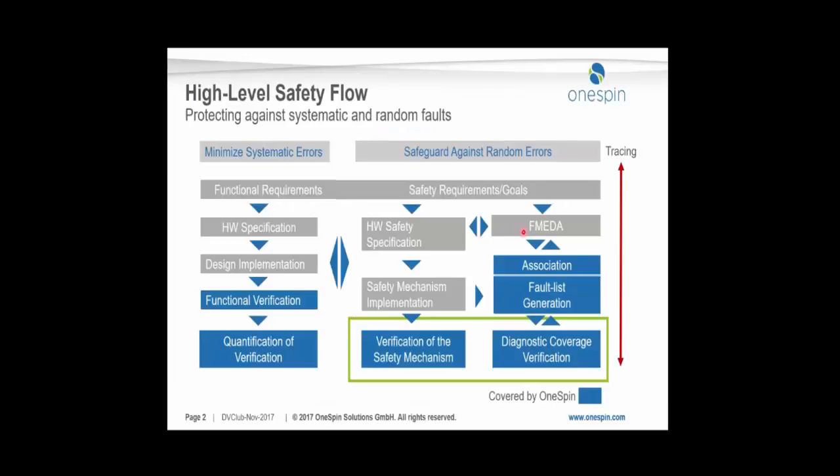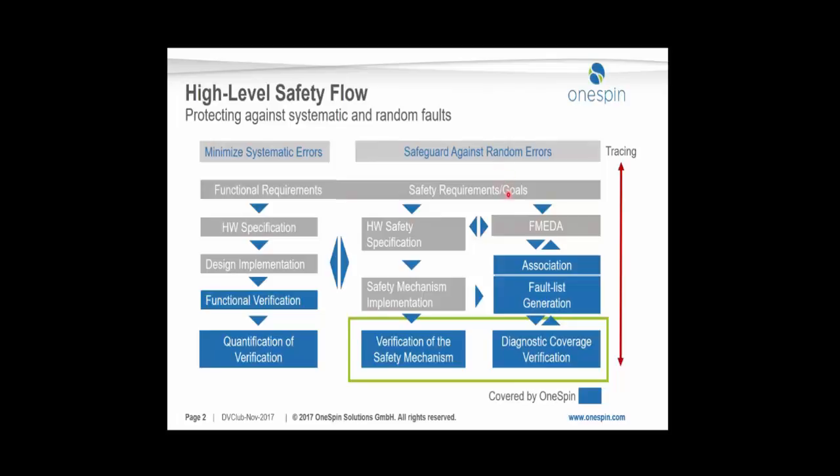So just a small recap on the high level flow. On the one side, we have our systematic errors. We minimize them, or our goal is to minimize them through pretty much a standard rigorous verification flow. On the other side, on the right-hand side, we have to safeguard against the random errors.